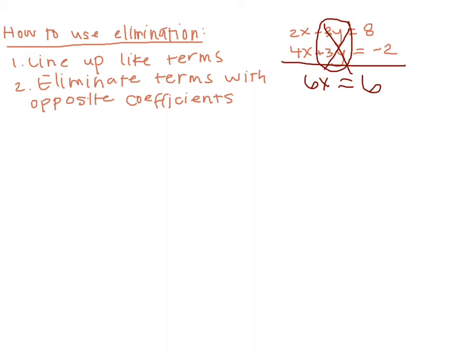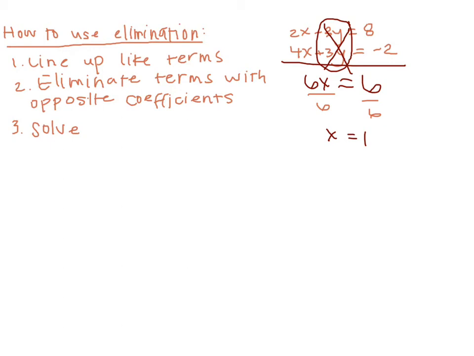My third step is to solve for the remaining variable. In order to solve, I need to use the division property of equality. And I find out that x is equal to just 1. Now we're at the same point that we would get to in a substitution problem.